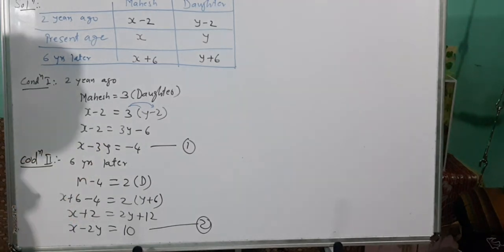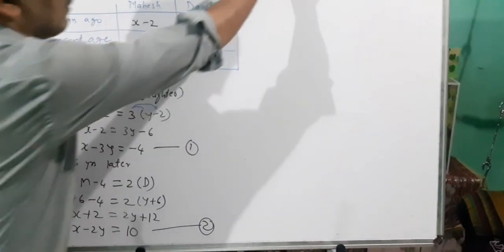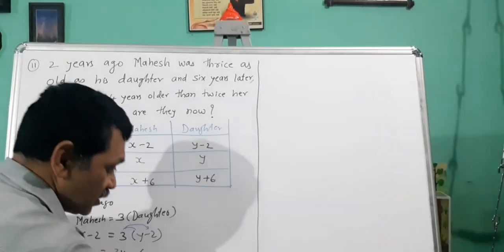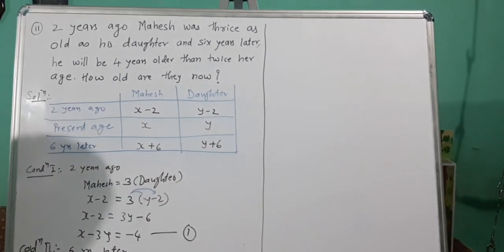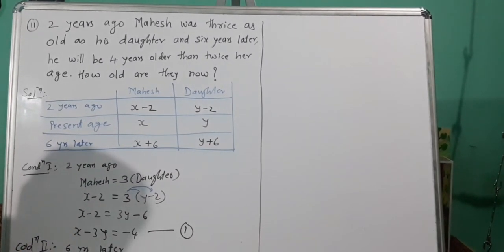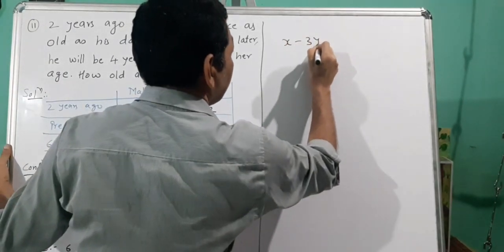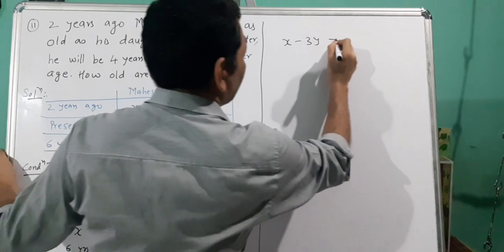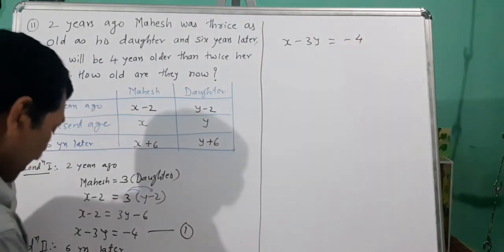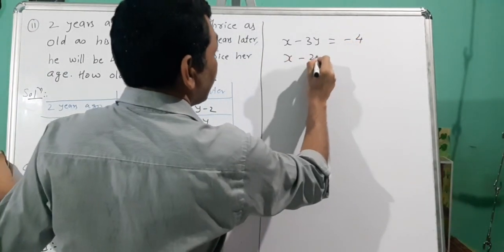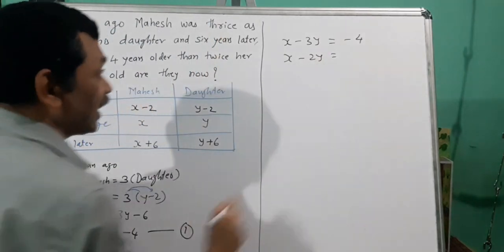So 2 equations are there. I will solve this by any method: elimination, substitution or cross multiplication. I think elimination is easier, so I will take elimination again. x minus 3y is equal to minus 4 and x minus 2y is equal to 10.